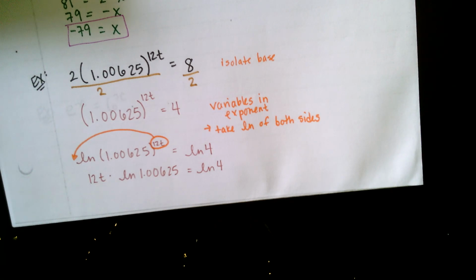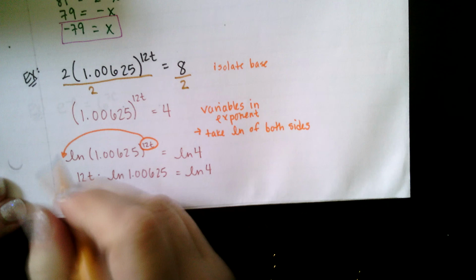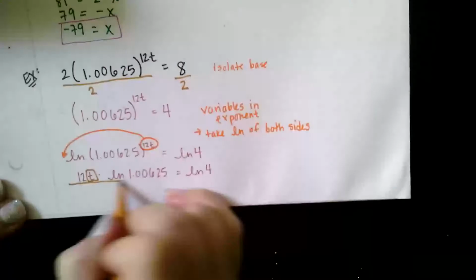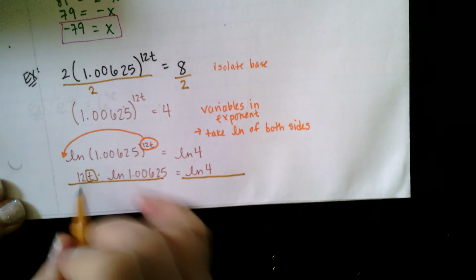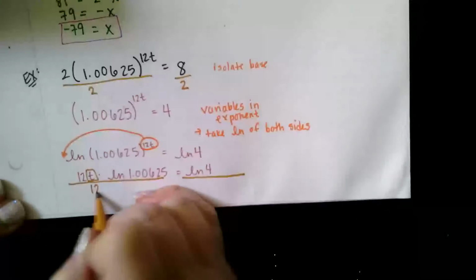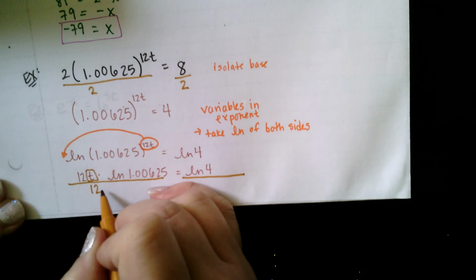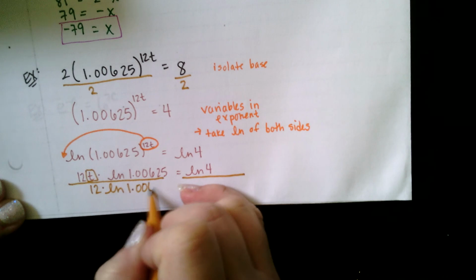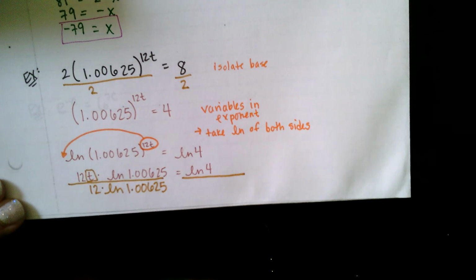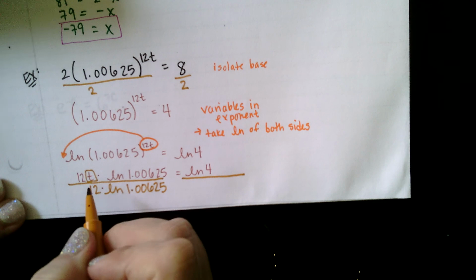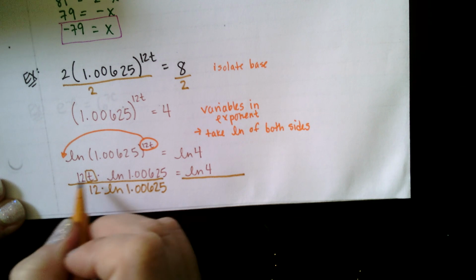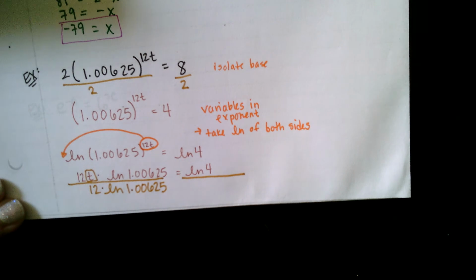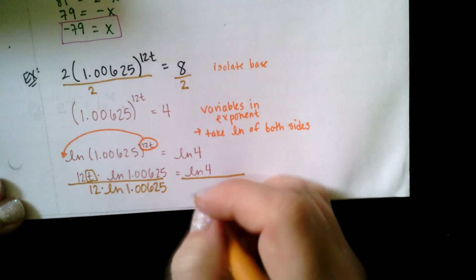And then what I need to do is get my t by itself. So to isolate that t, what I want to do is divide both sides by the 12 because it's multiplied by 12. And I also want to divide both sides by the natural log. I can do that in one step because remember that since multiplication is commutative, I could put the t to the front and leave it 12 natural log times 12 natural log of 1.00625.